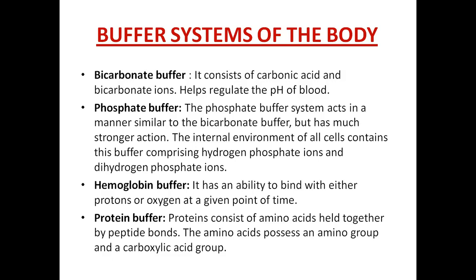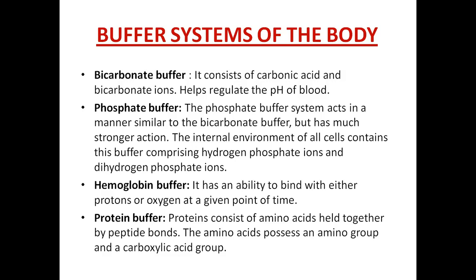Proteins consist of amino acids held together by peptide bonds. The amino acid possesses an amino group and a carboxylic acid group. And as we discussed while we were detecting the quality of the proteins, amino acids act as zwitterions at a physiological pH.